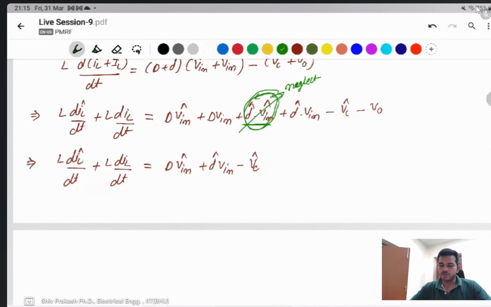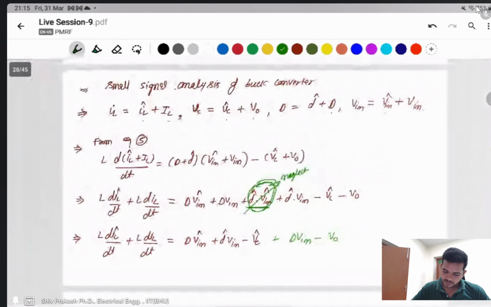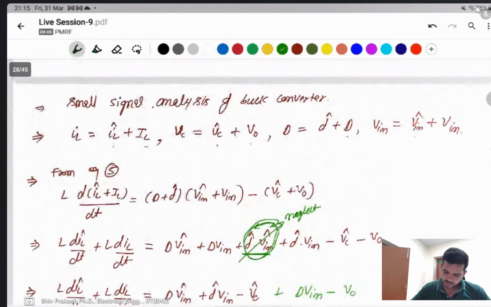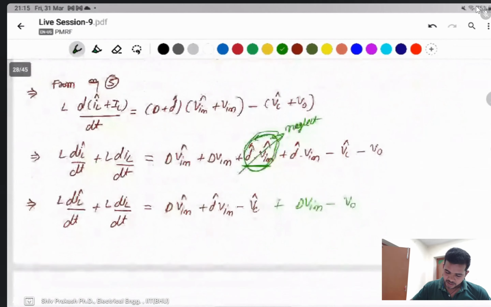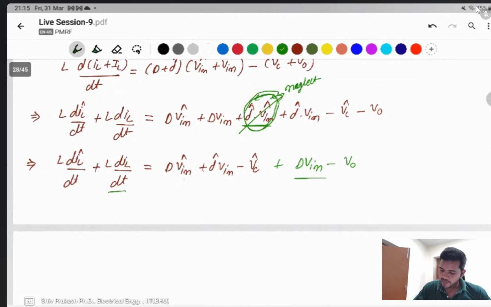Due to the duty ratio changes being very small and the V in variation being very less, you can neglect this term and take D V in cap plus d cap V in only. After that you find plus D V in minus V naught. You can write L dIL by dt is equal to D V in minus V naught.